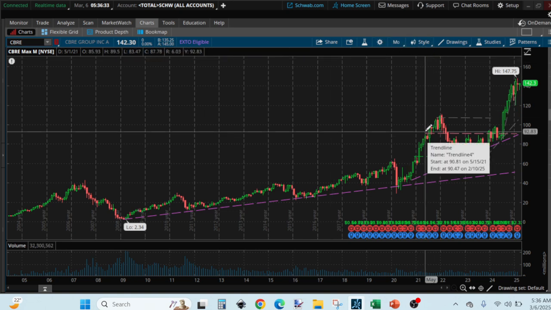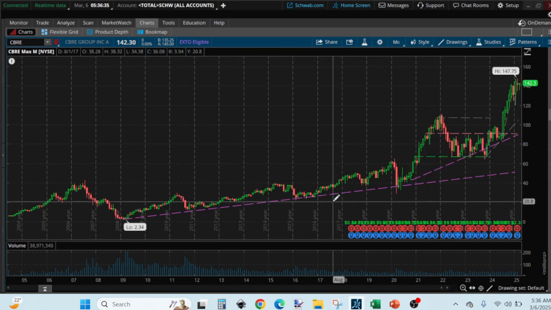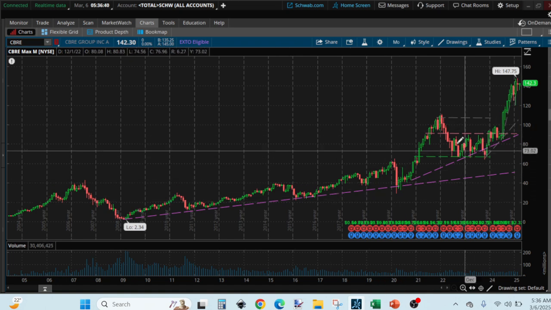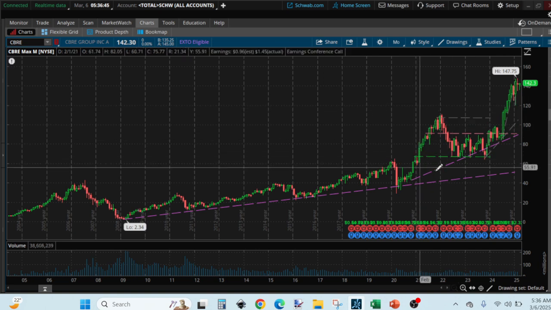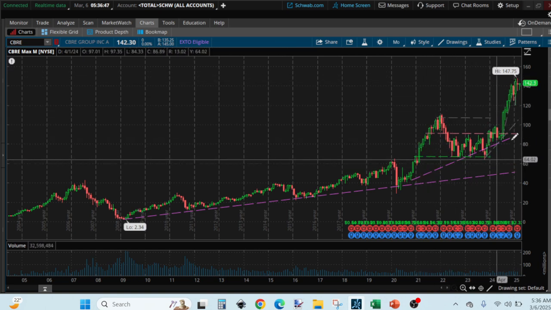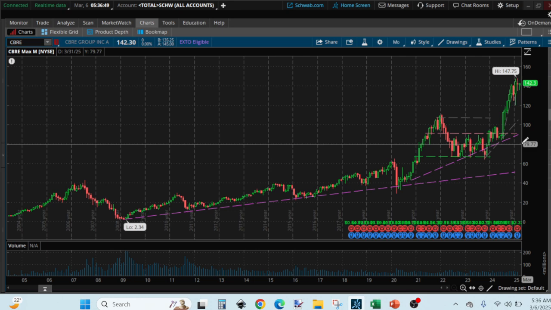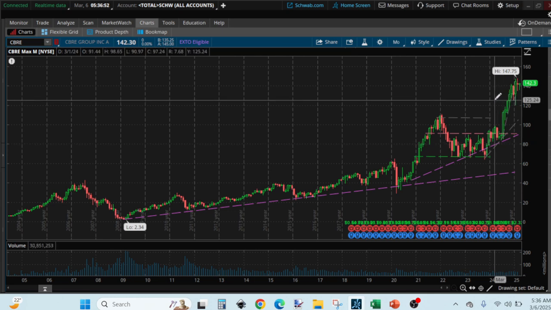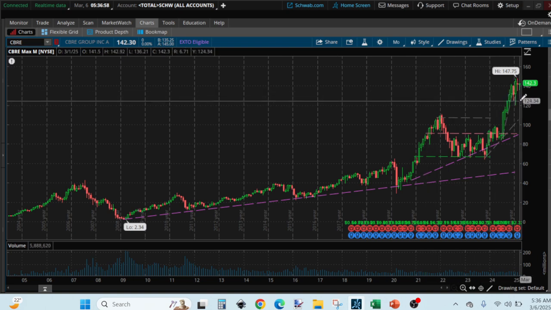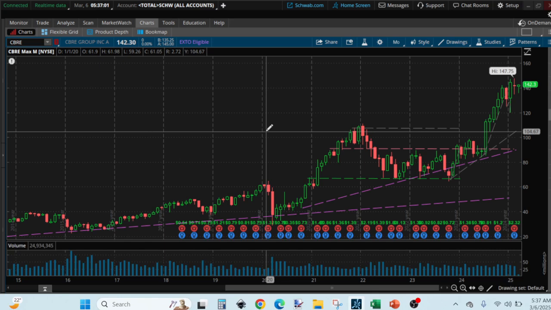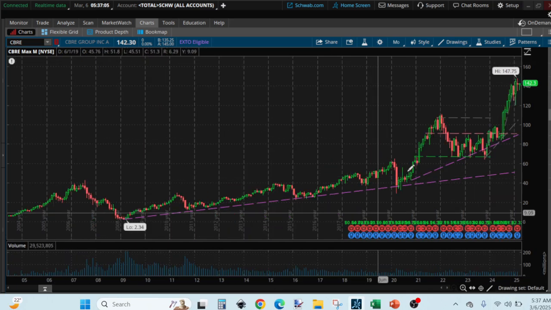But now by coming to the maximum monthly chart to see a bigger picture of the chart, we notice that on the maximum daily chart we are looking at this portion of the chart. On the 1 year daily chart, we are looking at this portion. On the maximum monthly chart, we are looking at an even higher portion of the chart.